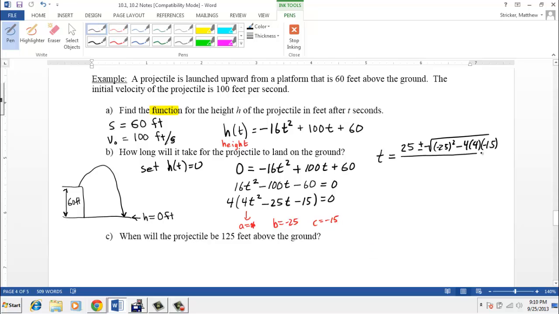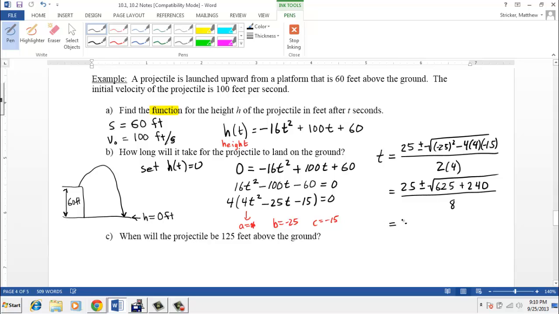And this is all over 2 times 4. So this is 25 plus or minus the square root. 25 squared is 625. And we have a negative times a positive times a negative, which is going to be a positive. 4 times 15 is 60, and 60 times 4 is 240. All over 8.